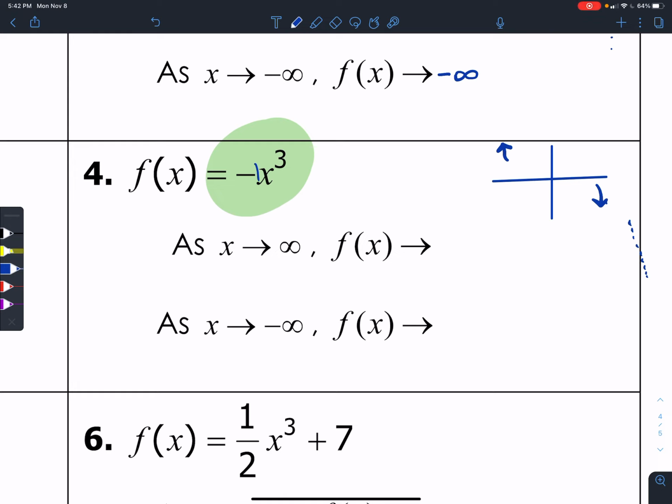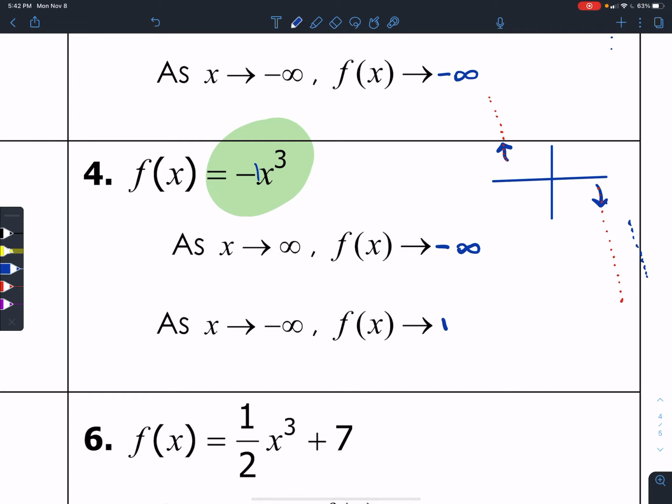All right, so as x goes to +infinity, so as x moves further and further to the right, what is happening to the y value? Well, in this case, it is going to -infinity. As x is coming from the left, where x was -infinity, the y is now the opposite.